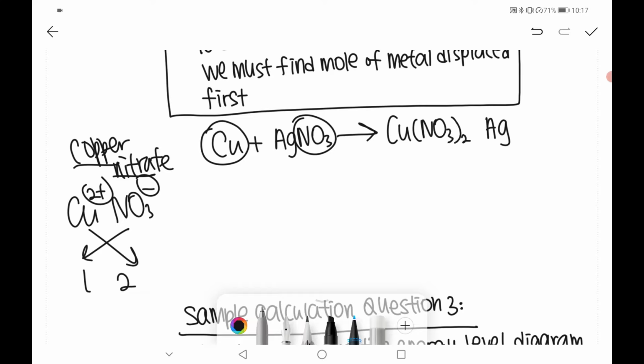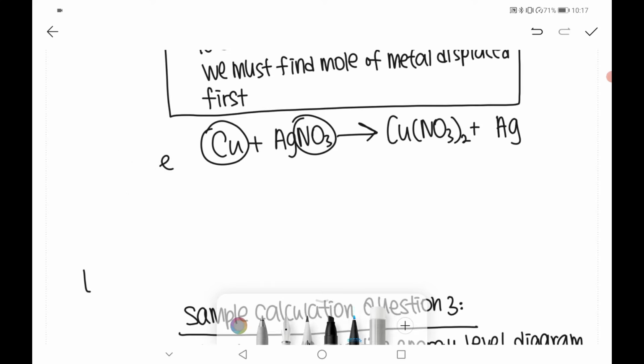I hope you know what I am doing. Now we already have this equation. And don't forget, every time you write an equation, you must always balance it. So we put a 2 here and a 2 here to balance.